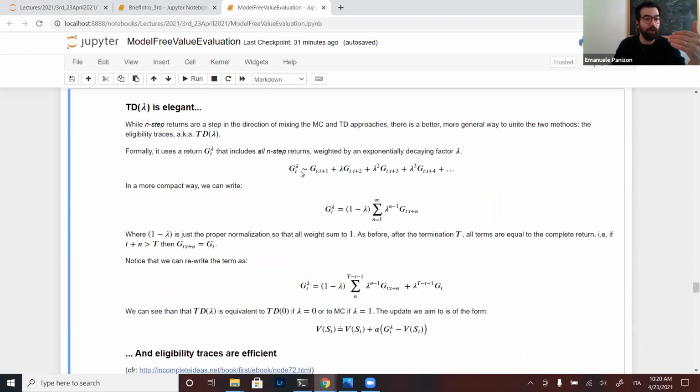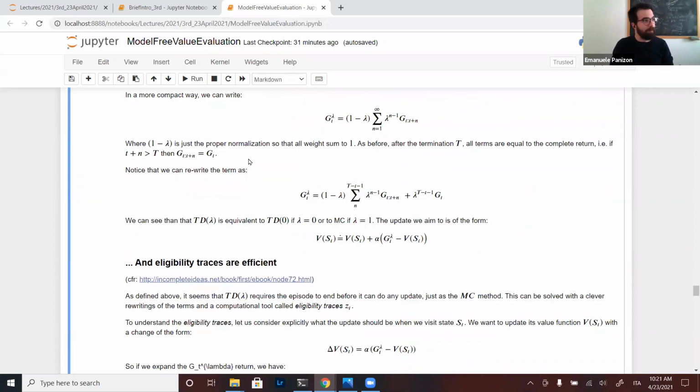The return at time t lambda is given by all the returns in the future, which is not useful because again, as with Monte Carlo, you need to wait for the whole episode and go back, which is a waste of time.